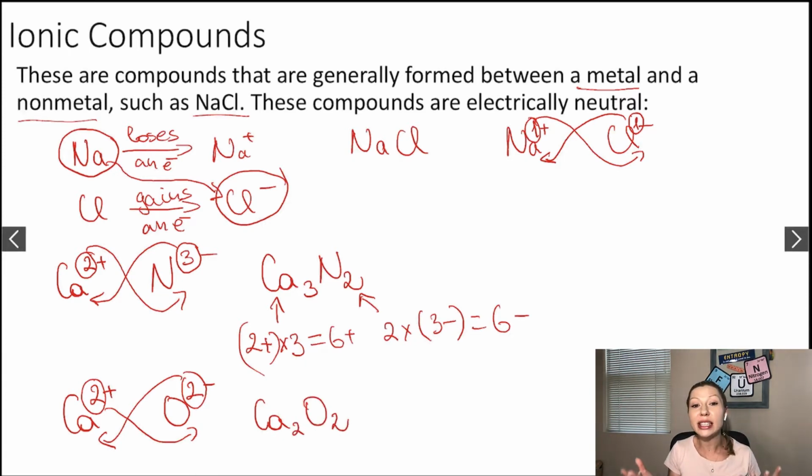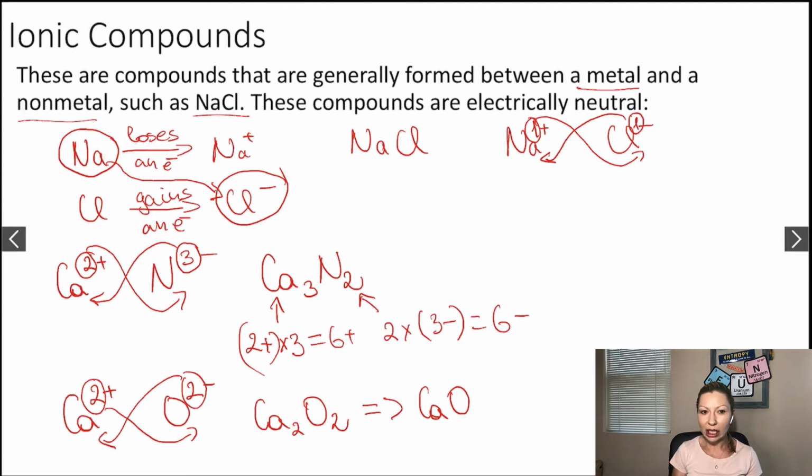Do I really need the 2 and the 2 next to the calcium and the oxygen to make an electrically neutral compound? No, not really, right? Because both have a charge of 2, 2+ and 2-, so they cancel each other out. So in this case, I will have to reduce to the lowest whole number ratio. So the correct formula is CaO.